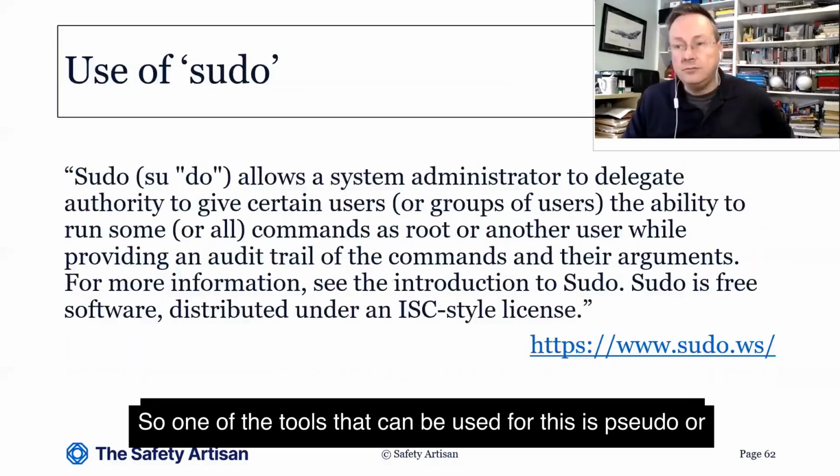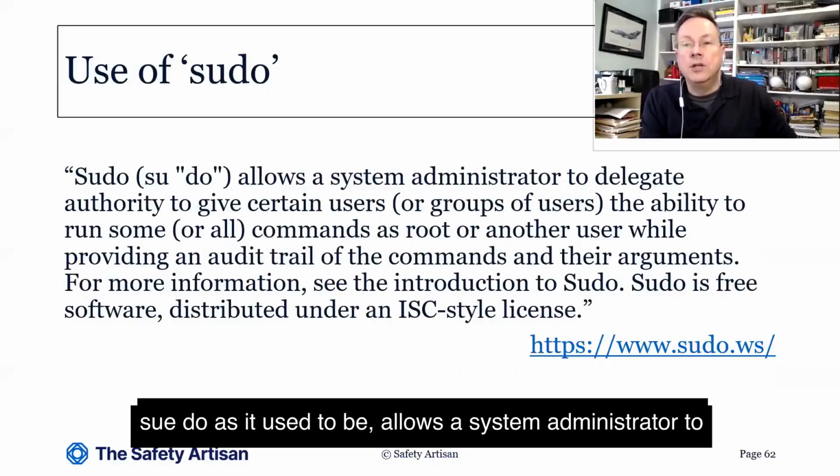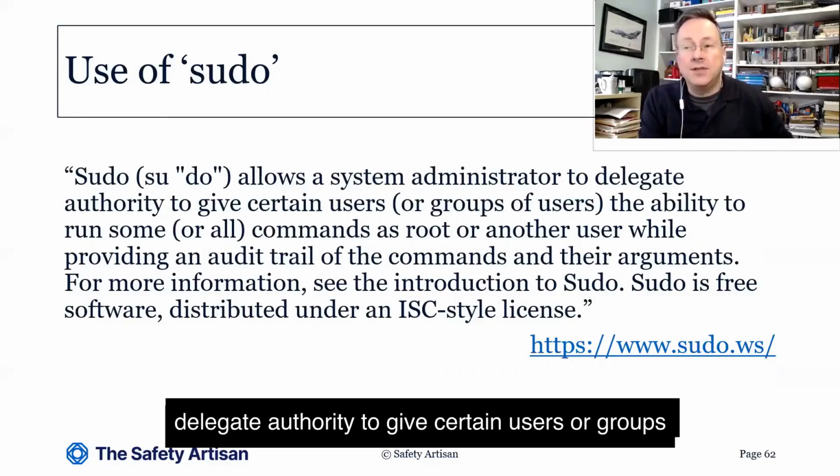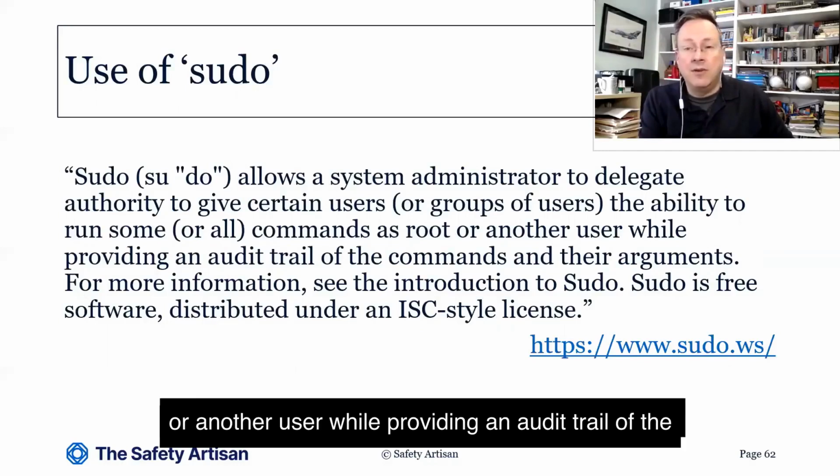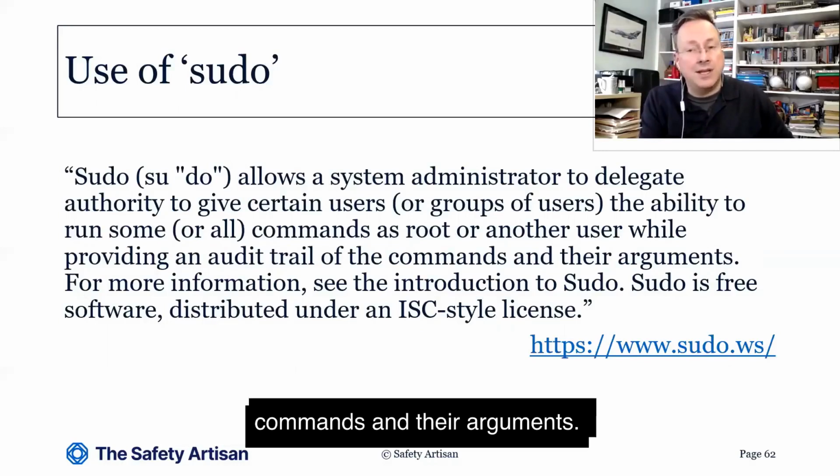So one of the tools that can be used for this is sudo, which allows a system administrator to delegate authority to give certain users or groups thereof the ability to run some or all commands as root or another user while providing an audit trail of the commands and their arguments.